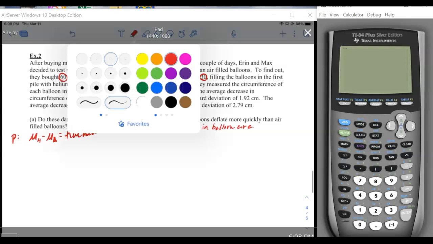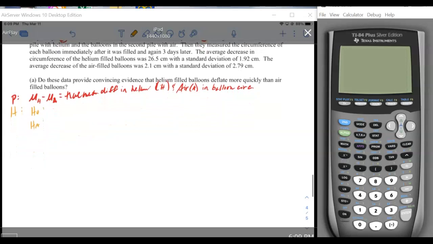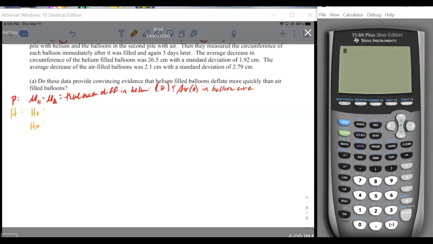So for our hypothesis test, we have our null hypothesis and our alternative hypothesis. And in our null hypothesis, we are looking at, is the difference 0, right? So I'd be saying, is H equal to A? And then the other one would be, are they just different, right? Deflate more quickly.